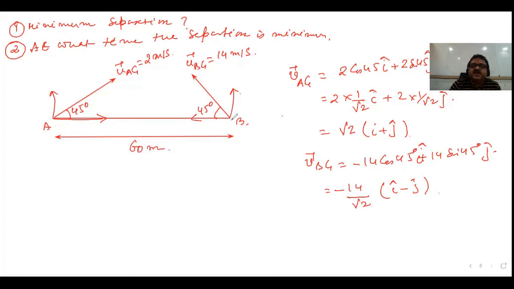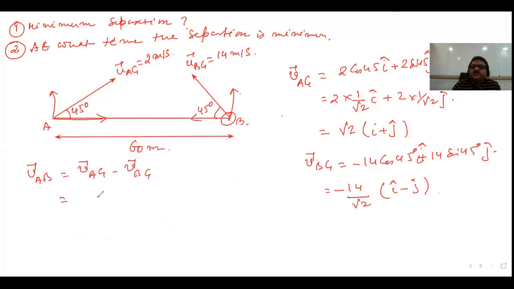Let me fix B, and let us try to find out the motion of A related to B. Velocity of A with respect to B is velocity of A with respect to ground minus velocity of B with respect to ground.